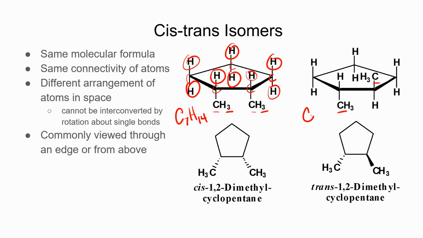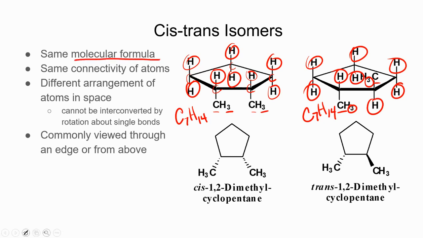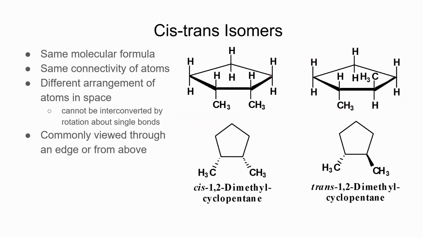Here's the 6th and the 7th carbon. And then for my H's, I have 3 and 6 right here, 7, 8, 9, 10, 11, 12, 14. So of course I have C7H14. So same molecular formula for these two drawings.